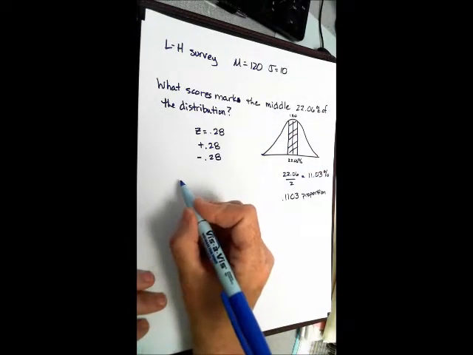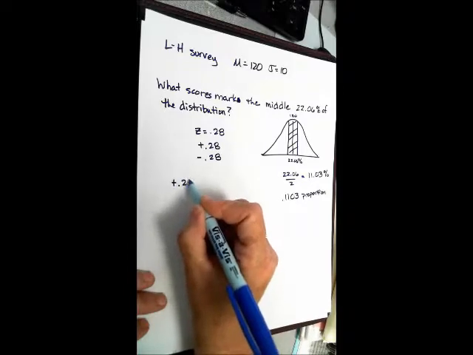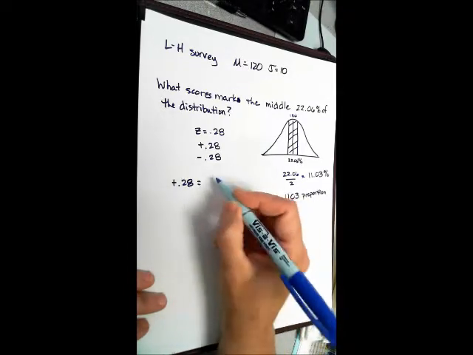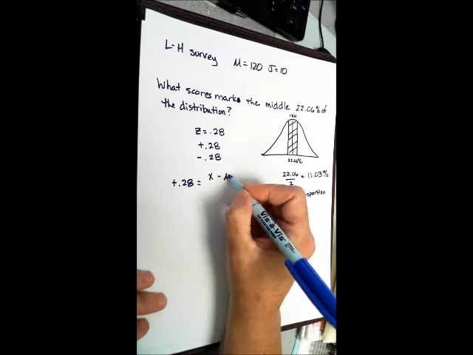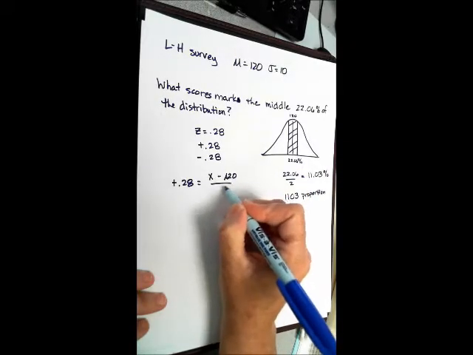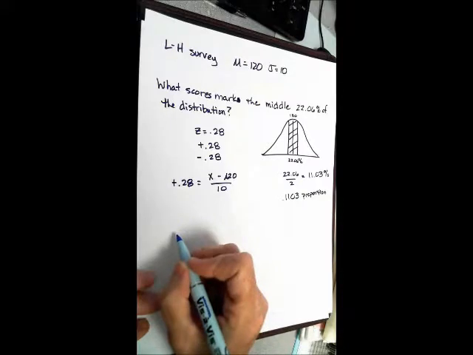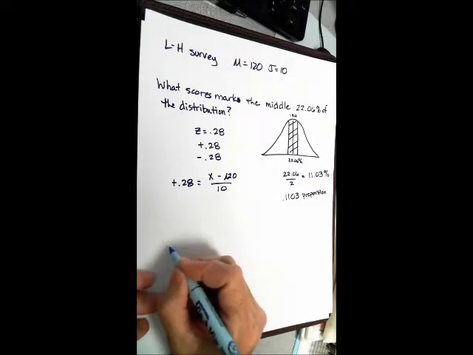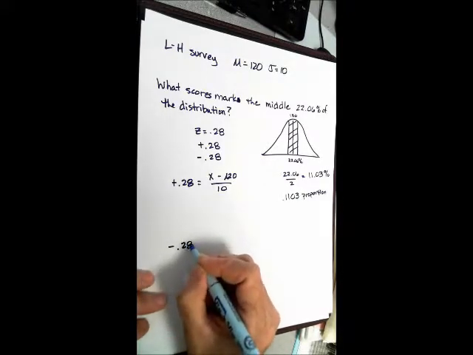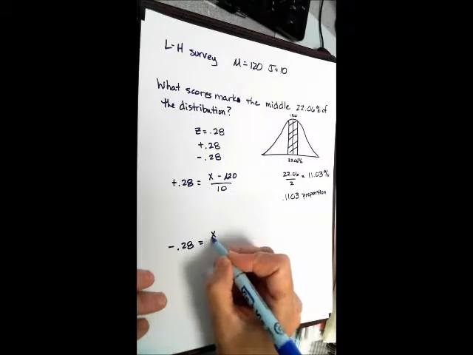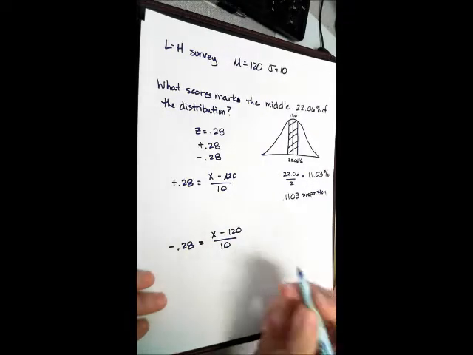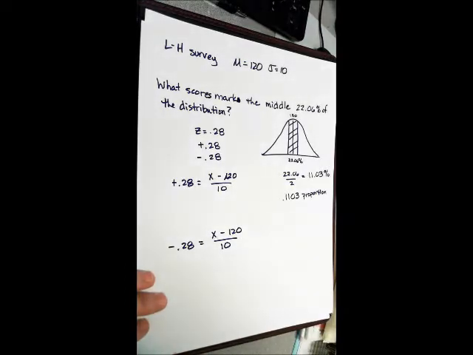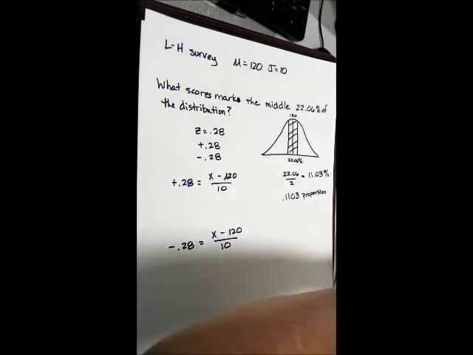So we're going to have plus 0.28 equals x minus mu, 120, divided by 10. We're also going to have minus 0.28 equals x minus 120 divided by 10. Okay, you with me a little bit? I hope so.